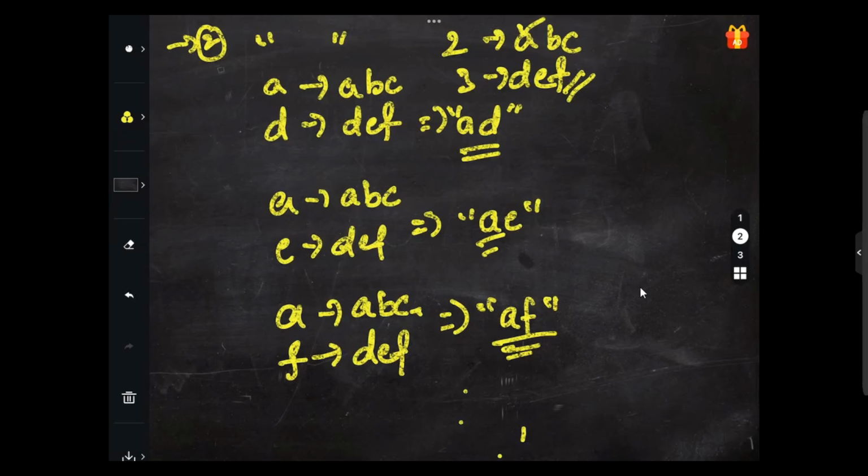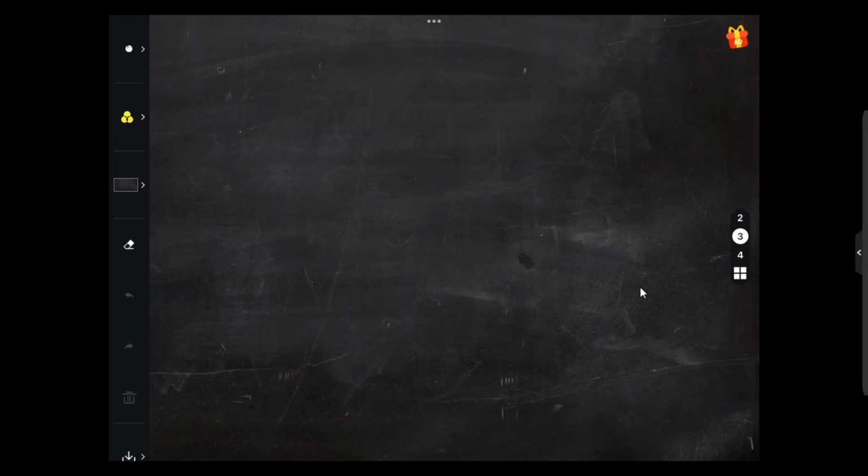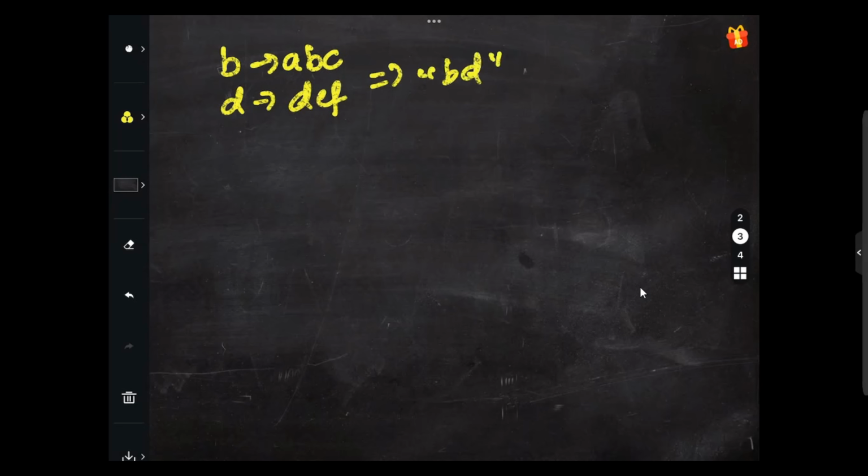Now we have considered DEF for A. Now we will go with B. We have to consider DEF for B as well, right? B from ABC this time and D from DEF. So this one will be BD, right?